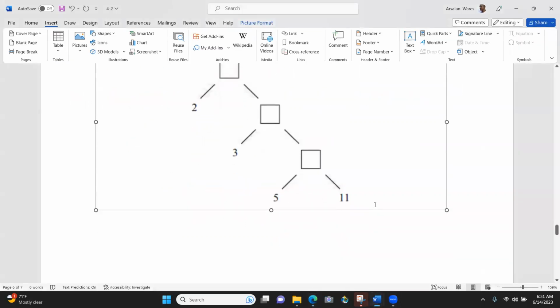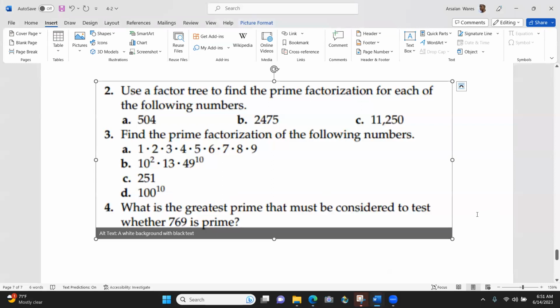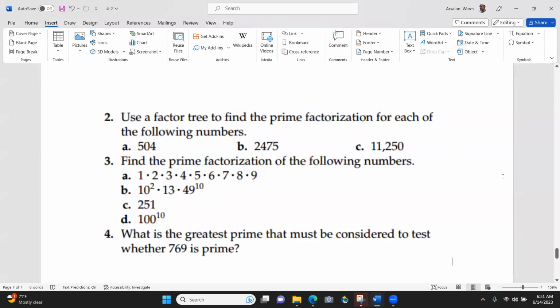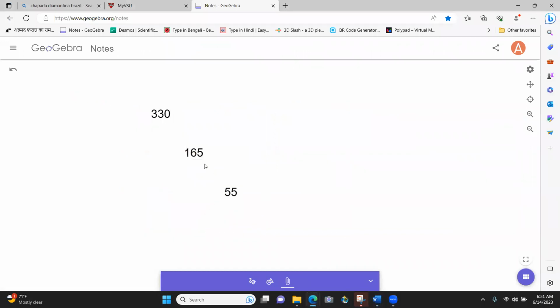Okay, from the next set, I'm going to do a couple. Let me see which one I do. Use a factor tree to find the prime factorization for each of the following numbers. I'm going to do part C. Only part C. I'm going to use a factor tree to do part C. 11,250. Let's see how we do it. 11,250.